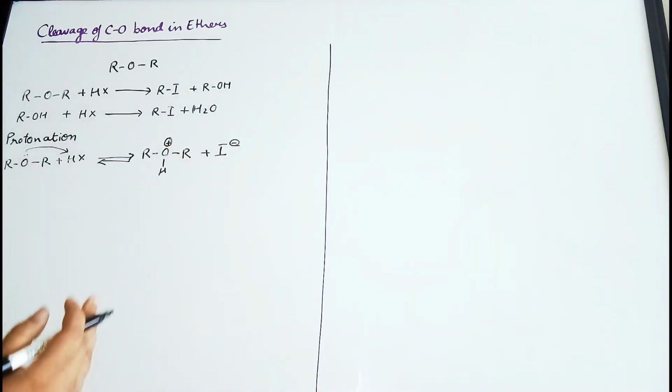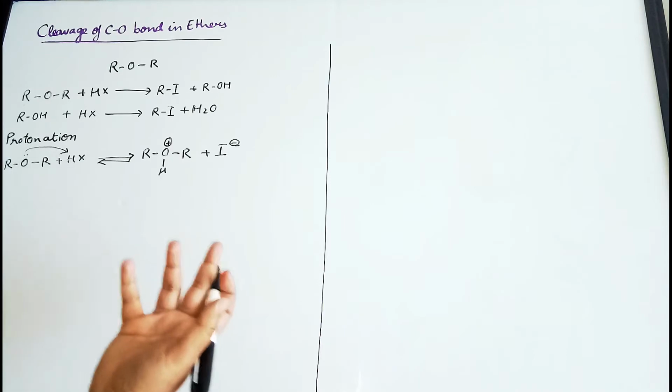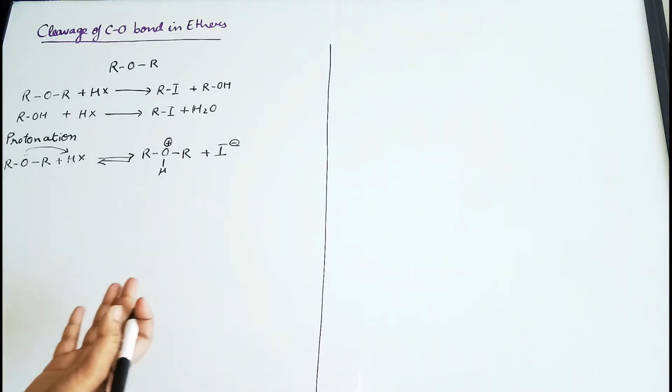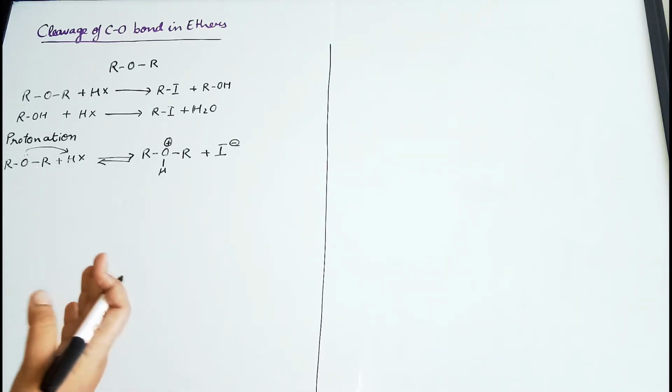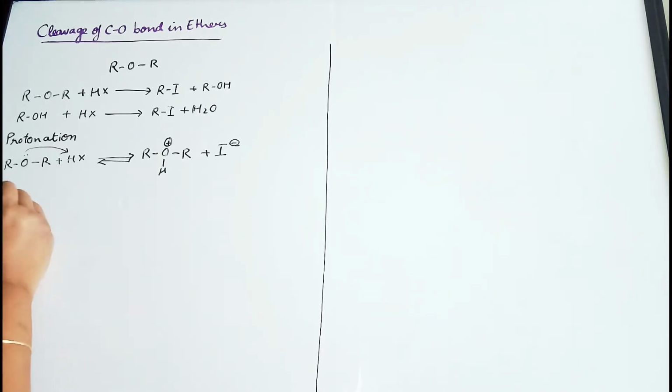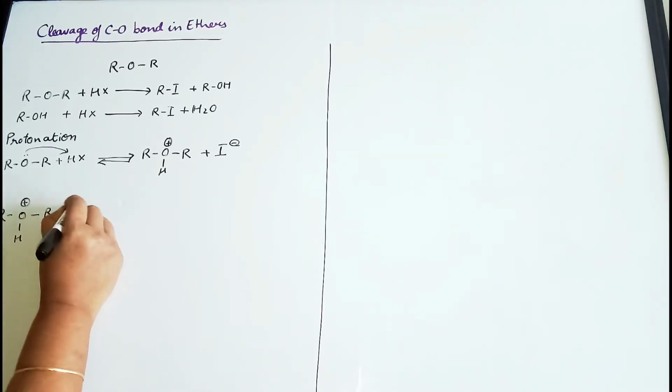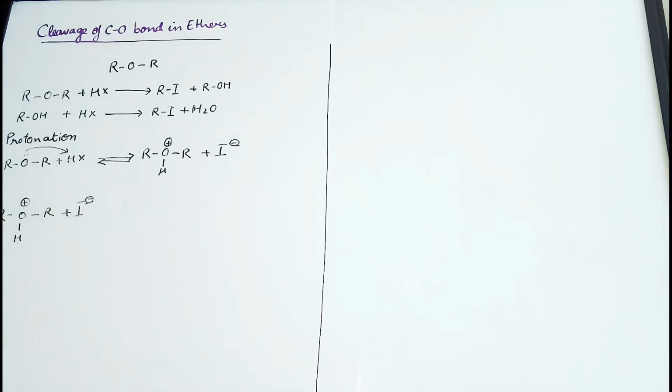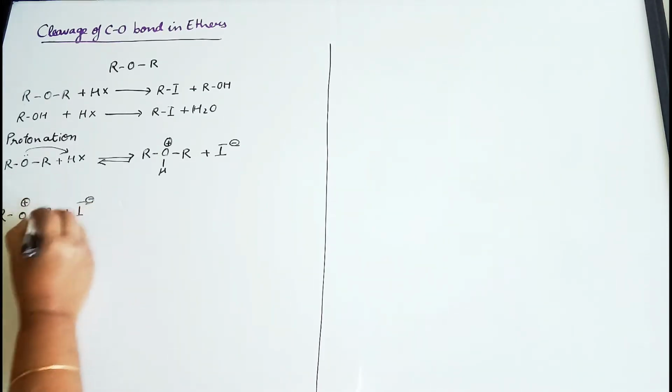Now this iodide ion will attack the R group, and since these two are basically similar R groups, the same alkyl groups, it will attack either of these two. So the iodide ion will attack, let's take this R group.